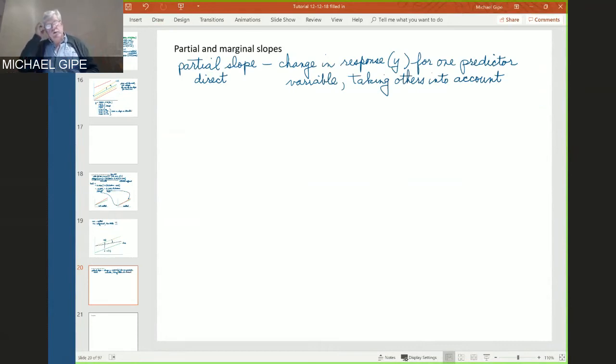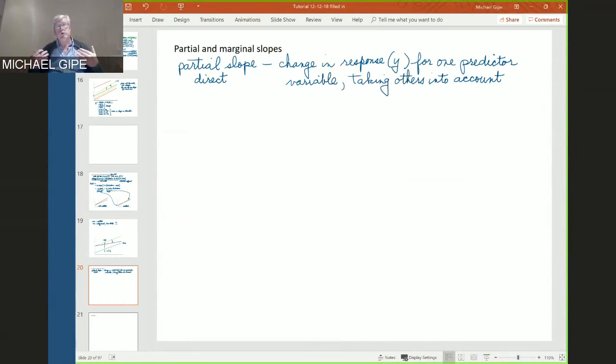So this is essentially what you do when you do a multiple regression model. You're pulling apart the impact of the predictor variables, the x values, so that you can tell the direct effect of each individual value without confusing it with the impact of other variables as well.